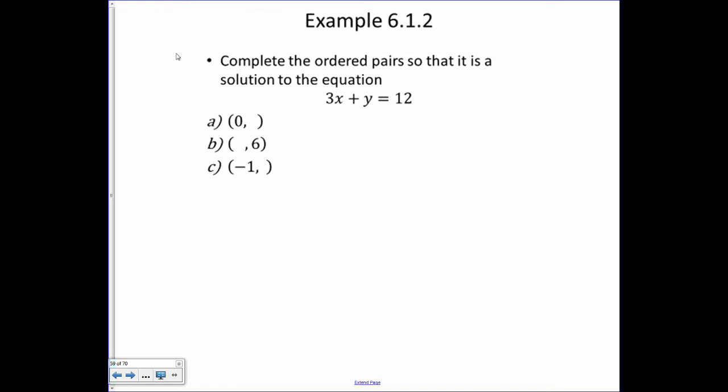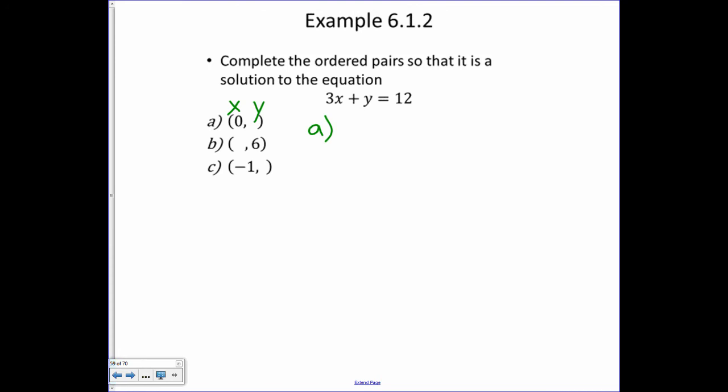The thing to remember is that the first coordinate is always x, and the second coordinate is always y. Its position in the ordered pair tells us which variable to plug it in for.